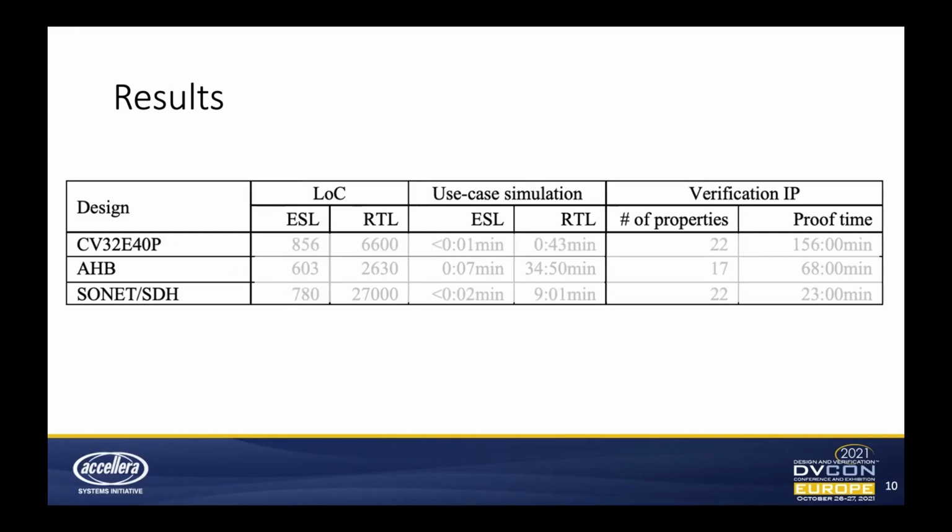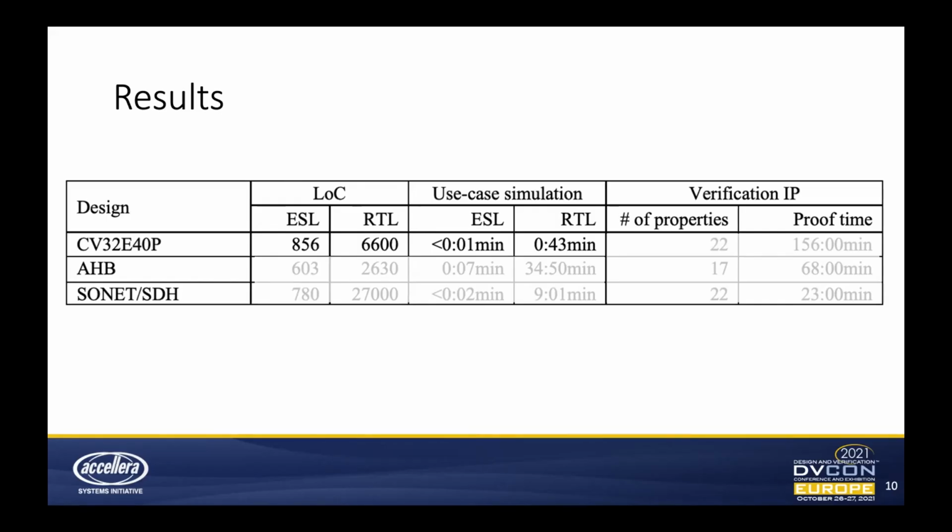So the first one is a RISC-V processor, formerly known as Risky, now part of the Open Hardware Group. The new name is CV32E40P. We did build the reference model for it and generated the properties. But before we did that, we verified our reference models with the standard RISC-V tests and some tests of our own.